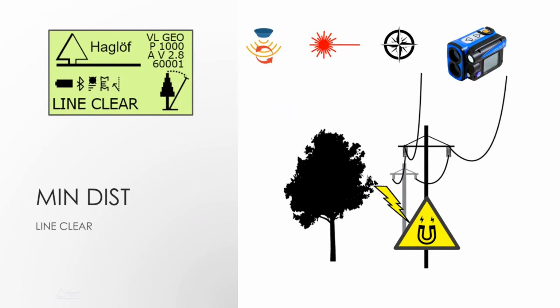The risk here is not that it will fall on the line, it's that it could cause fire. In this function, the sensors used are the laser, the compass, and the tilt sensor.